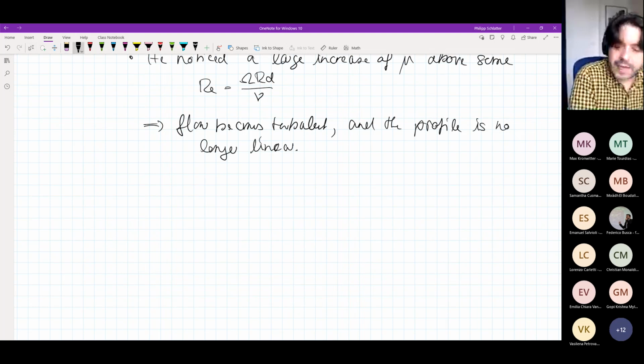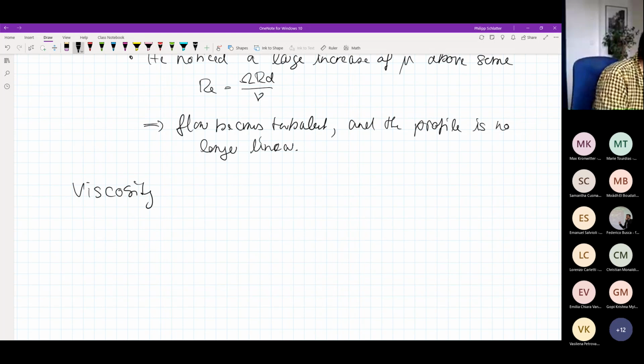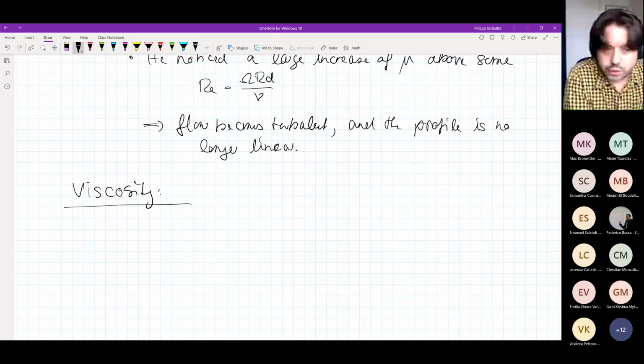Okay, now the next topic that I would like to talk briefly about is viscosity as a thing. Because we have now talked a lot about viscosity and how you could measure it, and there are a few aspects that are quite interesting to understand about viscosity.